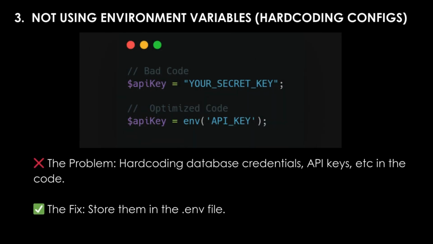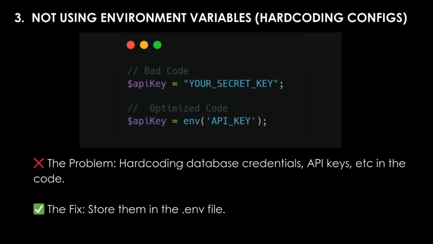So another mistake is hard coding configuration instead of using an environment variable. The problem here is you are hard coding API keys or DB credentials directly into your code, which is a big security risk. So the bad practice is $apiKey, and you are using a hard coded key directly inside your code or inside your function.